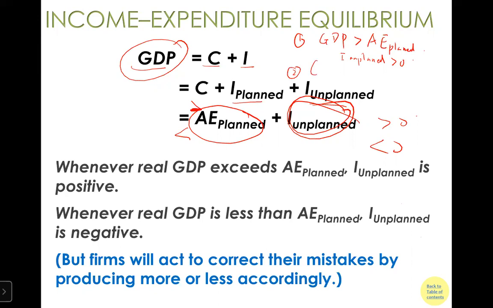On the other hand, GDP less than AE planned: your I unplanned is less than 0. You're running low on inventory. You produce too little. In the first case, you want to reduce your GDP. In the second case, you want to increase your GDP, until GDP exactly equals aggregate expenditure planned.